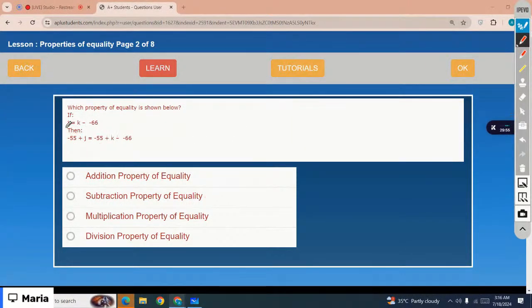When you add the same number on both sides of the equation, that is known as the addition property of equality. That keeps the equation balanced, right? Got it?